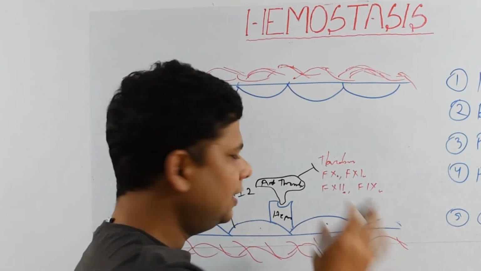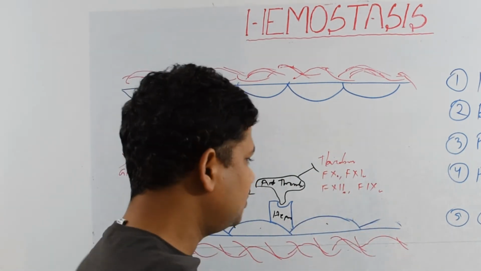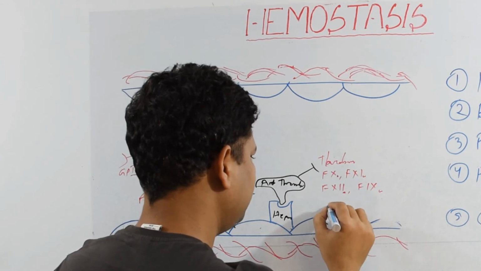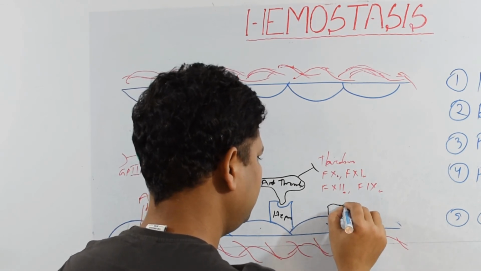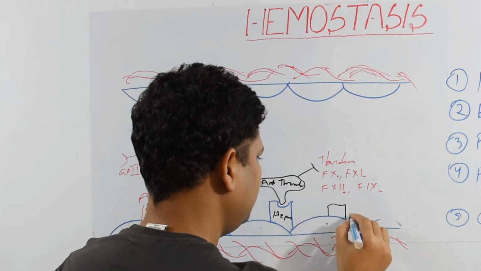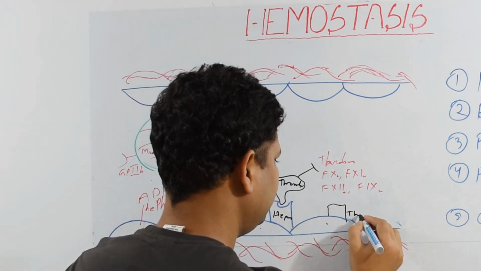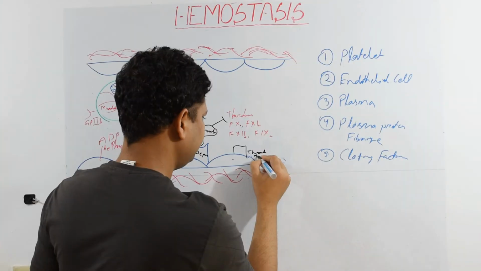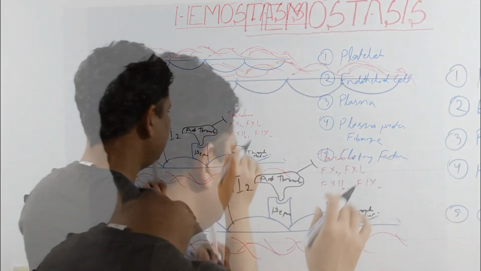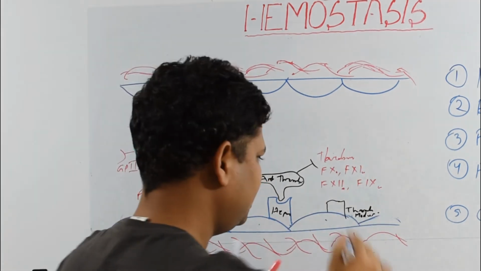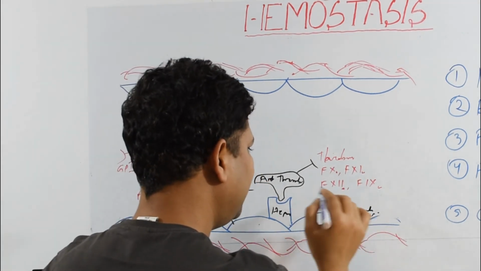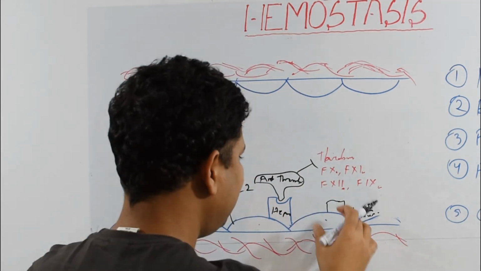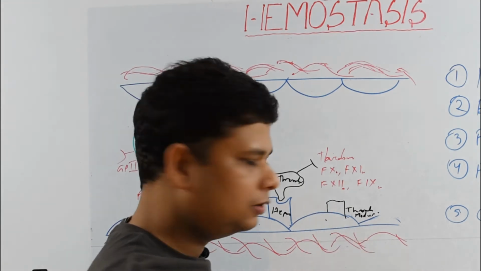Apart from this, these endothelial cells also express an important factor called thrombomodulin. As the name says, thrombomodulin will change the action of thrombin.